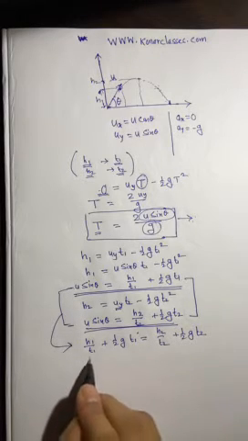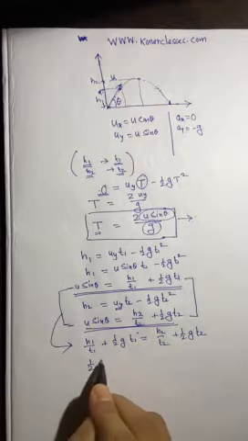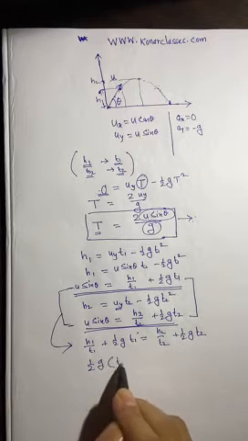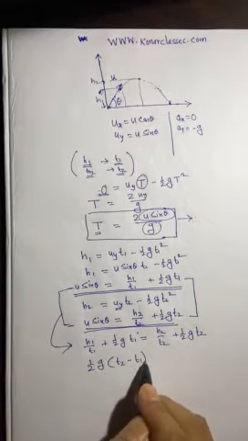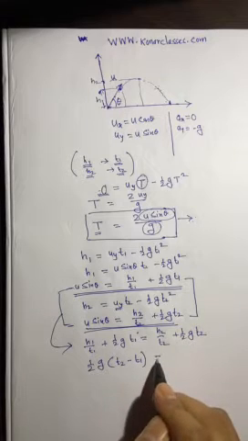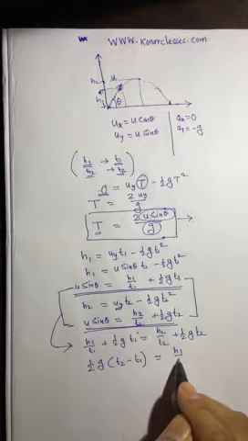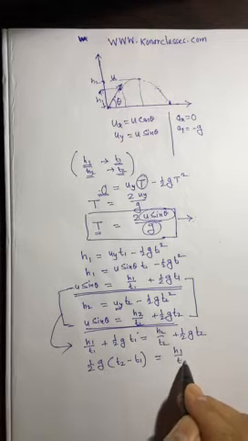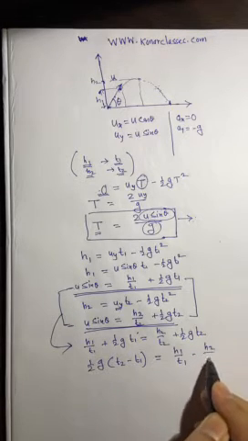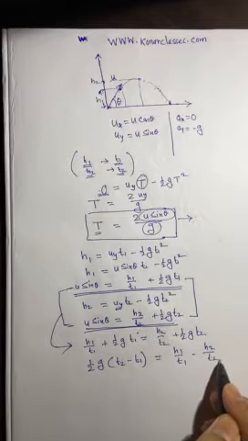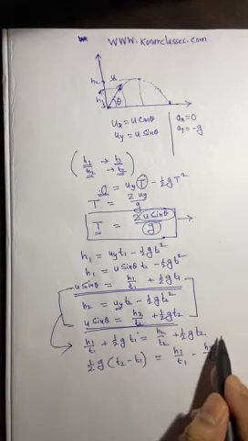From here, let us take the half g out: t2 minus t1. It is coming h1 by t1 minus h2 by t2, times t2 minus t1.